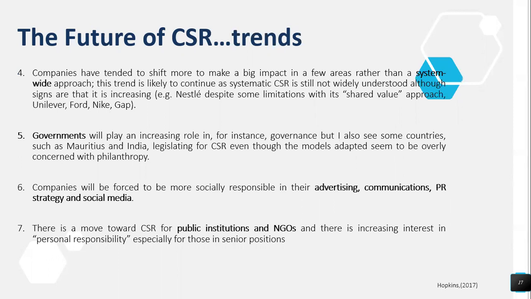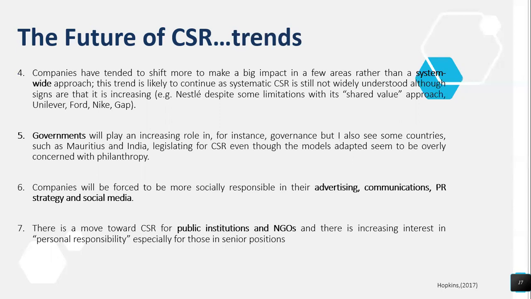You want to make a few big impacts instead of just a lot of little impacts. So that's always better. Governments are needed to enhance ethics and ensure that companies are following ethics. And then companies have to be more socially responsible in advertising, communications, PR, and social media.